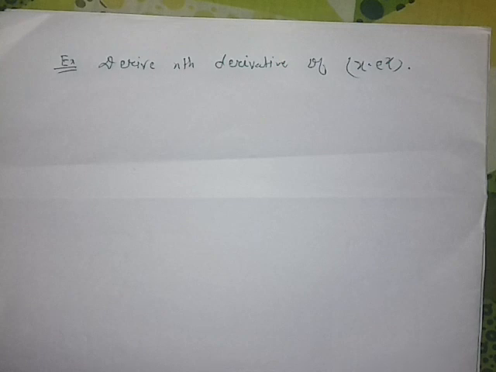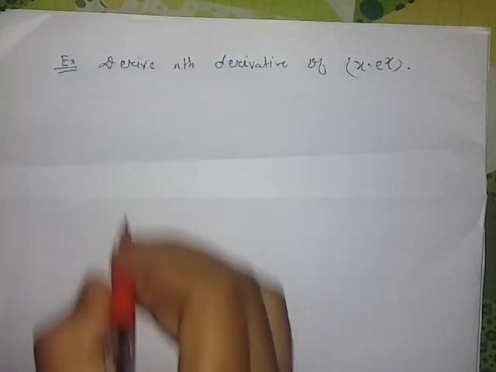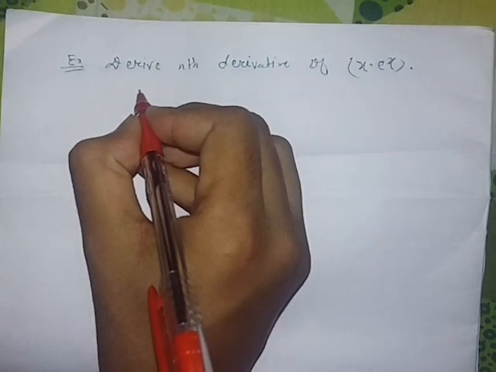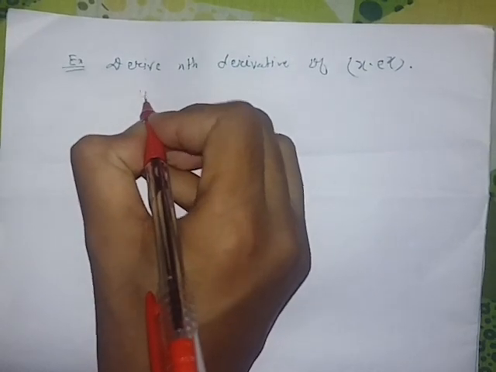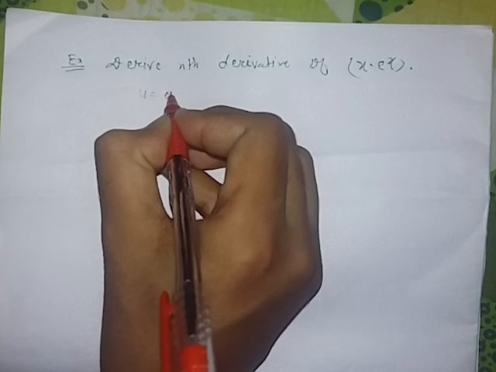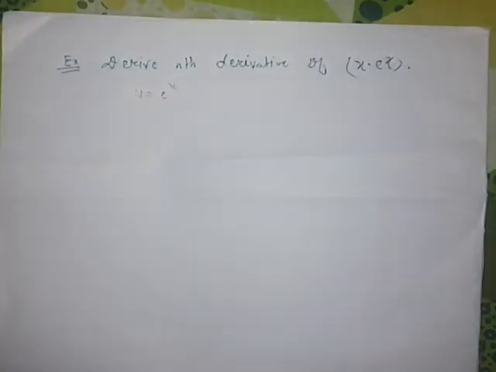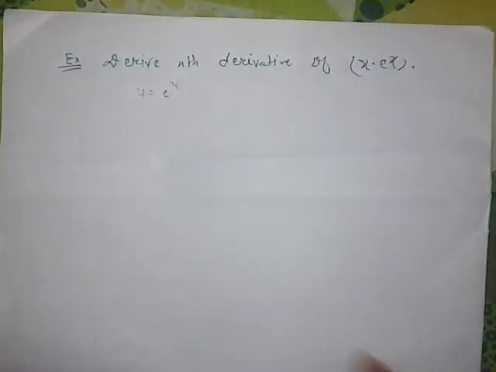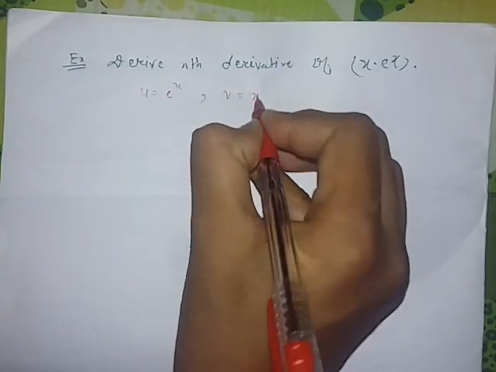So basically, by Leibniz theorem we can obtain the nth derivative of any product of two functions together. Now we are going to derive the nth derivative of this product. Let us take u as e to the power x and v as x.